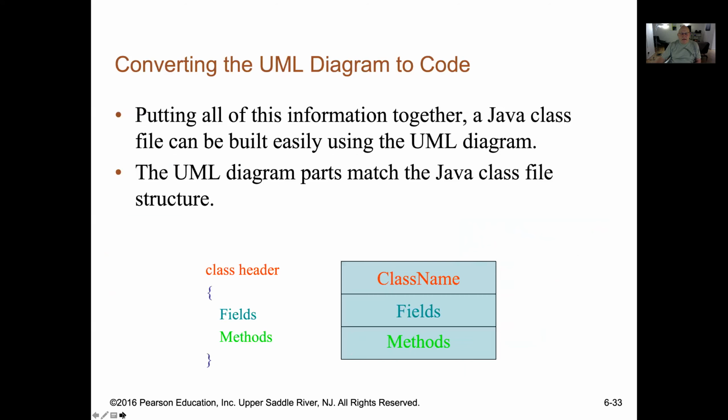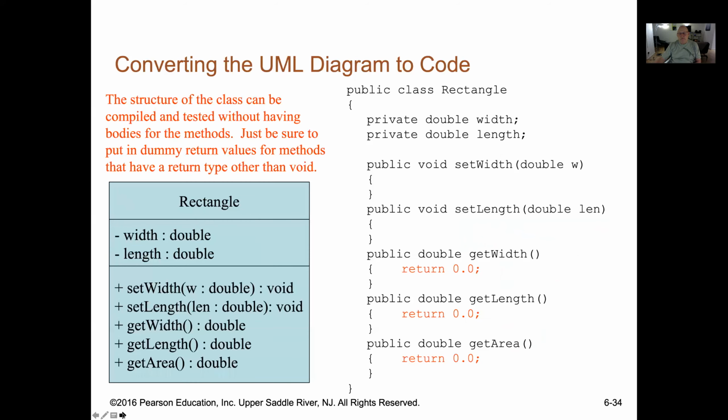A Java class file can be built easily using the UML diagram. The UML diagram parts match the Java class file structure. You see the class name, you see the fields, and you see the methods. So this is how you convert the UML diagram to code.